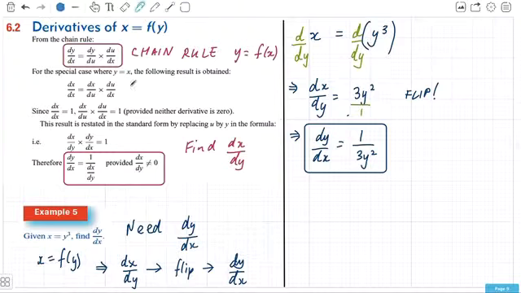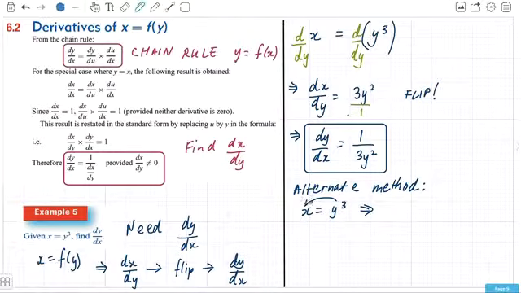Now you could also have done this in a different method. This alternate method doesn't actually make use of x equals f of y. What you could have done is rewrite this, taking the 3 over to the other side, so that becomes a cube root: y equals x to the power of a third. Then we could just differentiate both sides with respect to x, so d/dx of both sides.